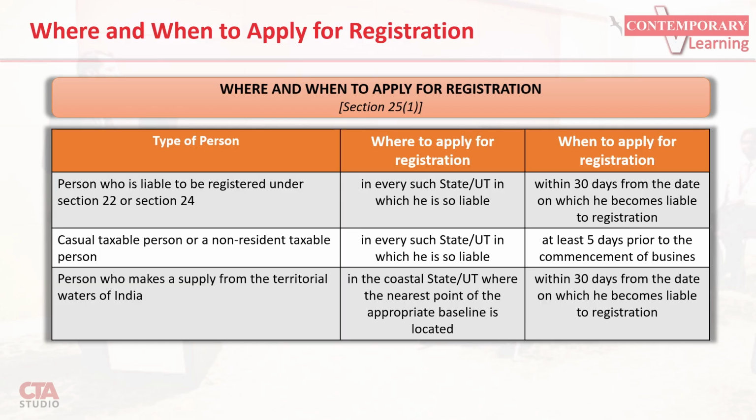For persons making supplies from the territorial waters of India, this covers offshore activities. You must apply in the coastal state (UT) where the nearest point of the appropriate baseline is located within 30 days from the date on which you become liable to registration.